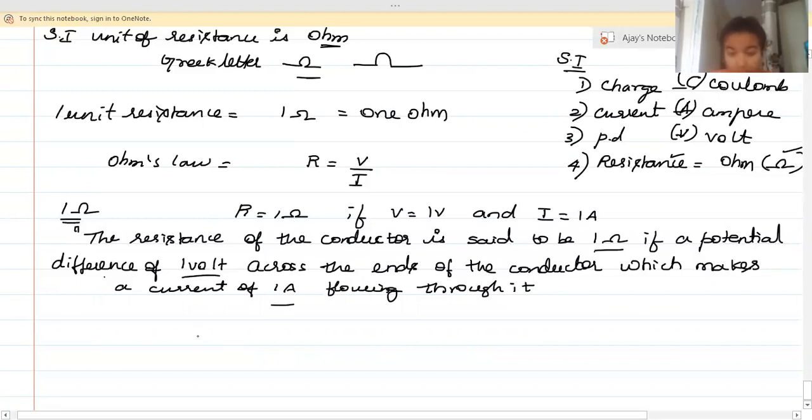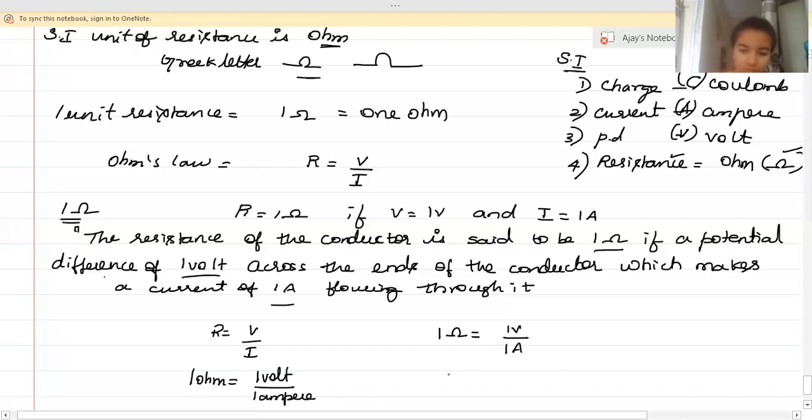So we know the formula R is equal to V by I. R will be 1 ohm if 1 volt by 1 ampere current is flowing. This also implies that 1 ohm is equal to 1 volt per ampere.